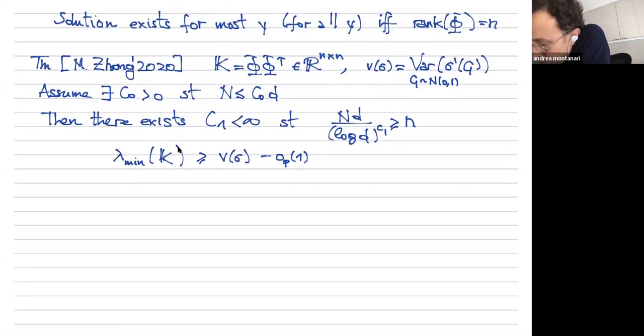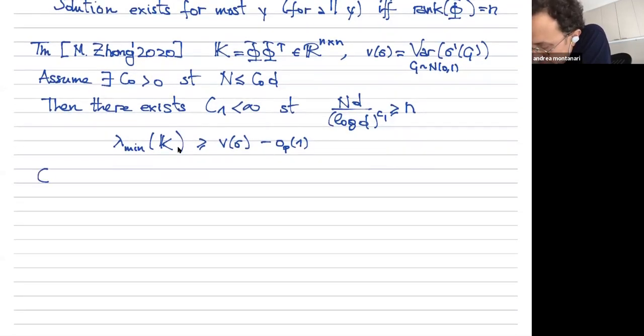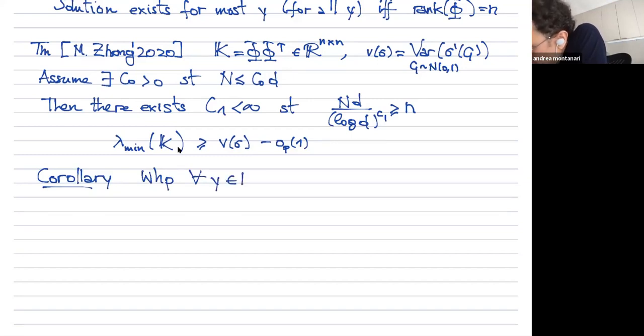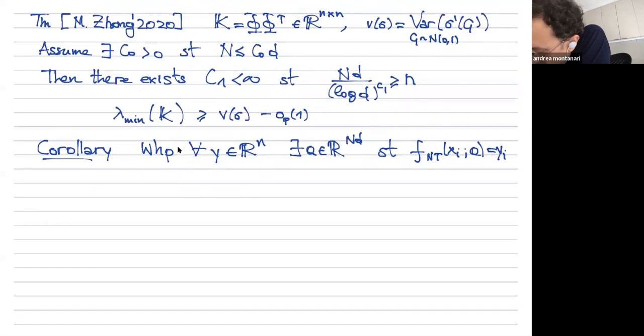Okay, so the corollary is of course what we wanted about interpolation. With high probability for any y, so here y can be generic, of course, there exists A in R^{Nd} that parameterizes the neural tangent model such that f_NT(x_i; A) is equal to y_i for all i.